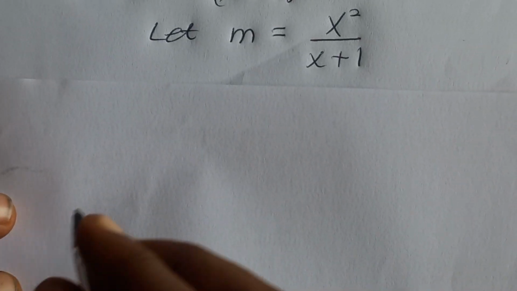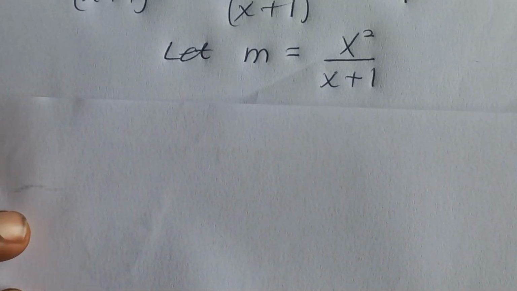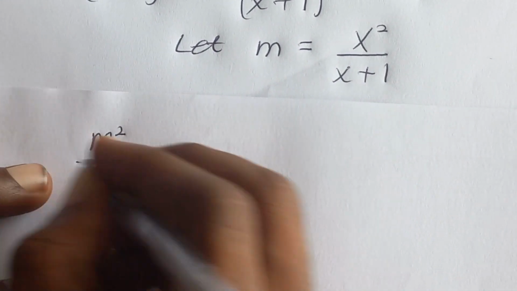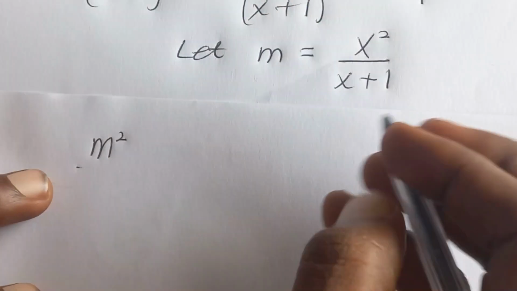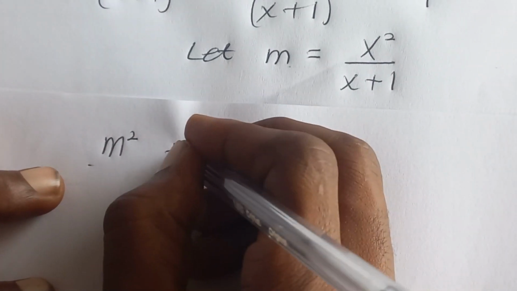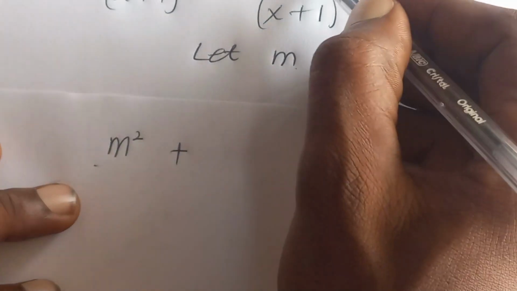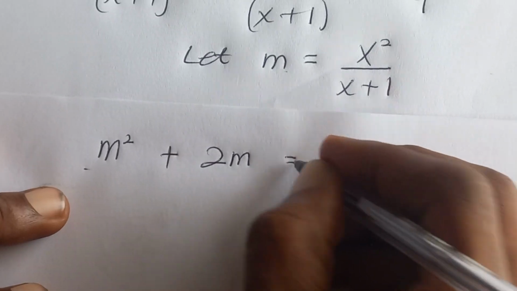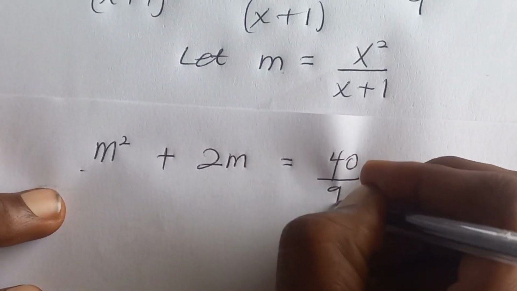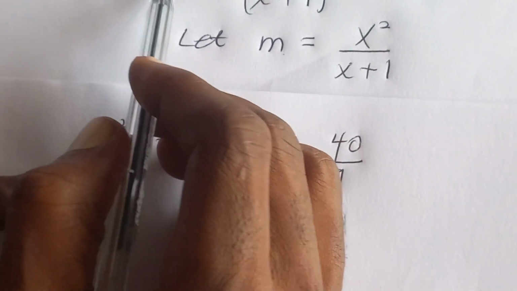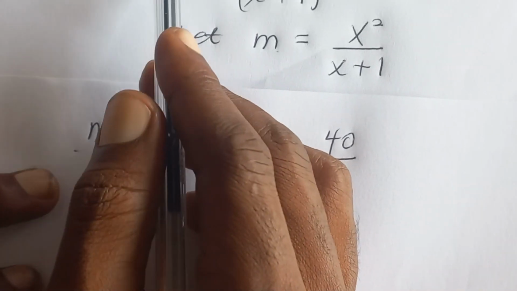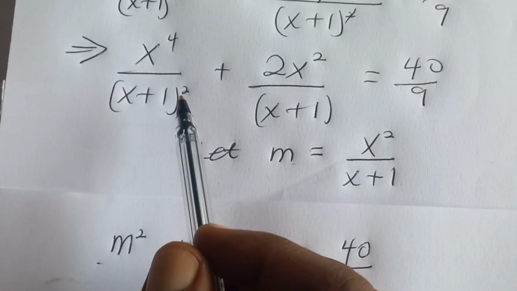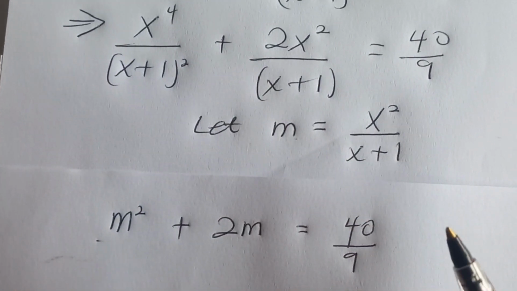So with this, we are having m squared, so we are saying everything here is m, so plus 2m, which is equal to 40 over 9. The reason is that the 2 will cancel the 4.